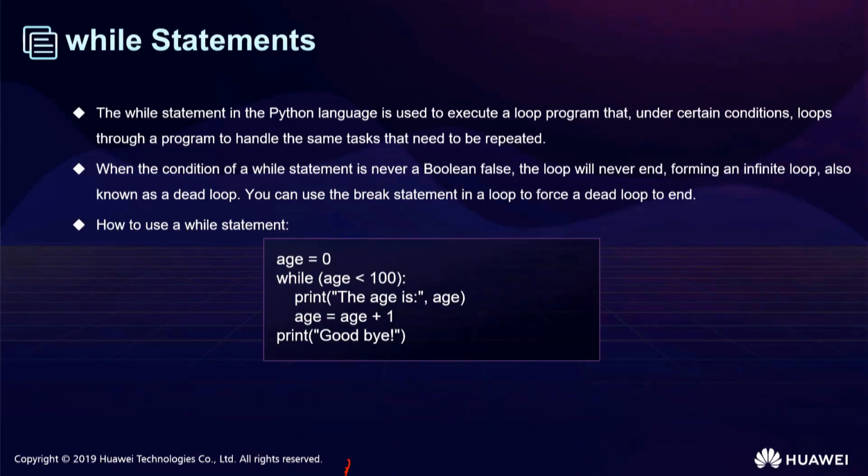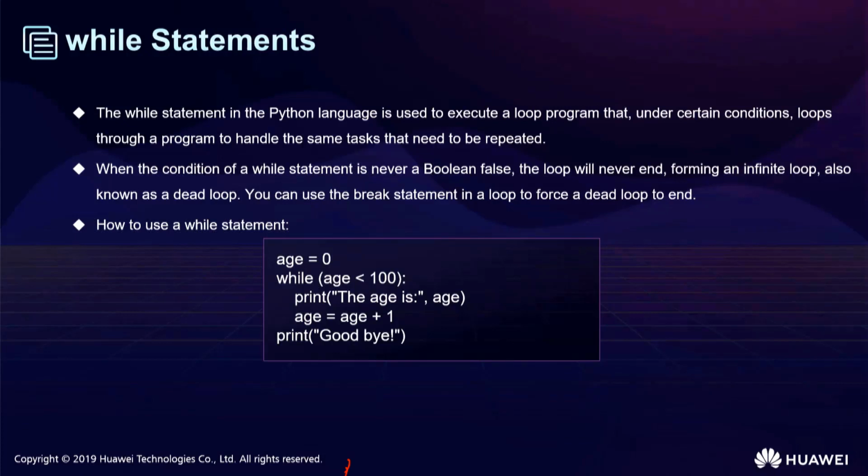The while statement in Python is used to execute loop programs, where under a certain condition the program loops to handle the same tasks that need to be repeated. When the condition of the while statement is always true, the loop will never end, forming an infinite loop, also known as a dead loop.